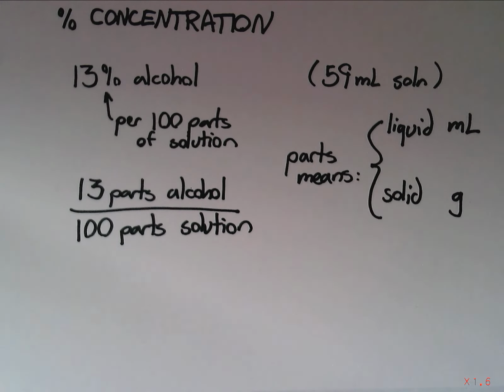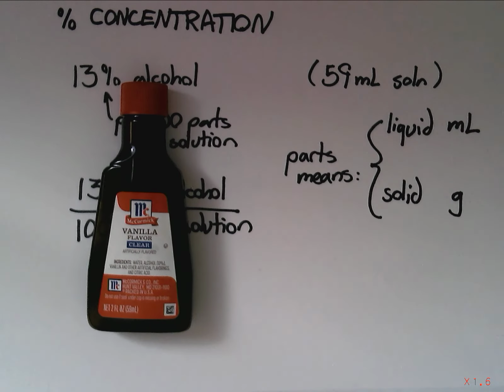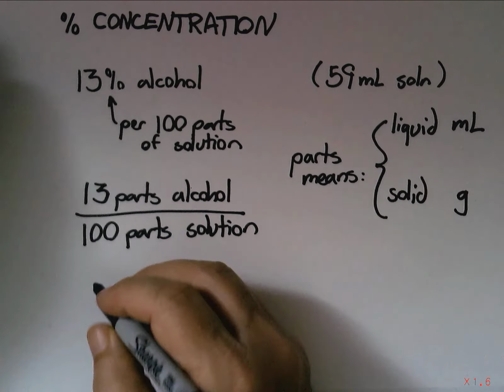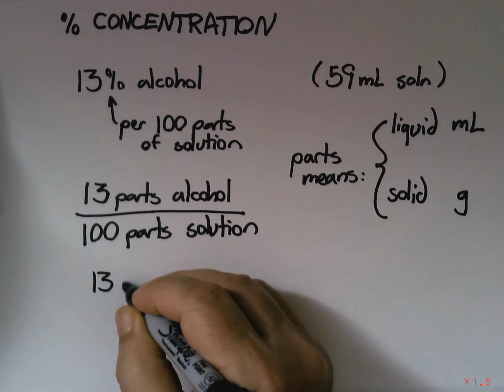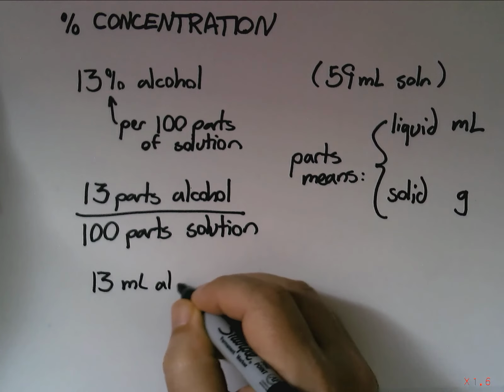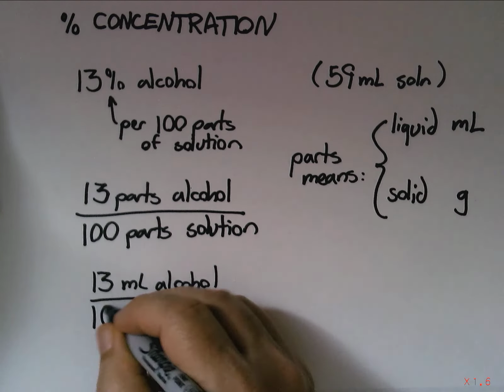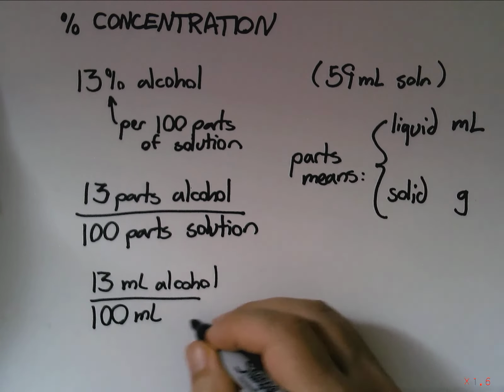Now, you could use any mass unit here or any volume unit here, but these are two convenient units for us. Now, what do you think that they used for parts here in my vanilla bottle? Well, alcohol is a liquid, and the vanilla extract is a liquid. So I think that they meant 13 milliliters of alcohol per 100 milliliters of solution.